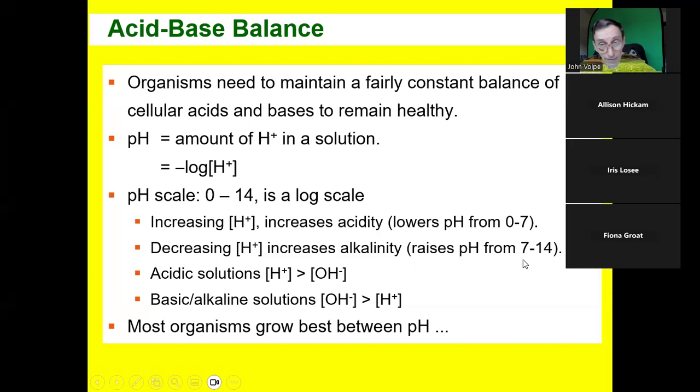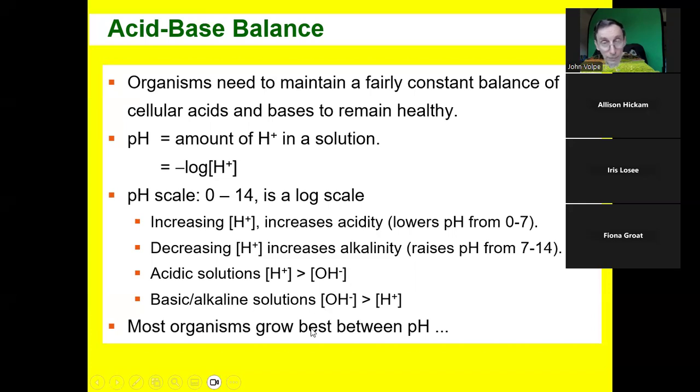You can raise it all the way up to pH 14. At pH 14, all of the hydrogen ions have been removed from the solution, and all you have left are the OH minus groups.